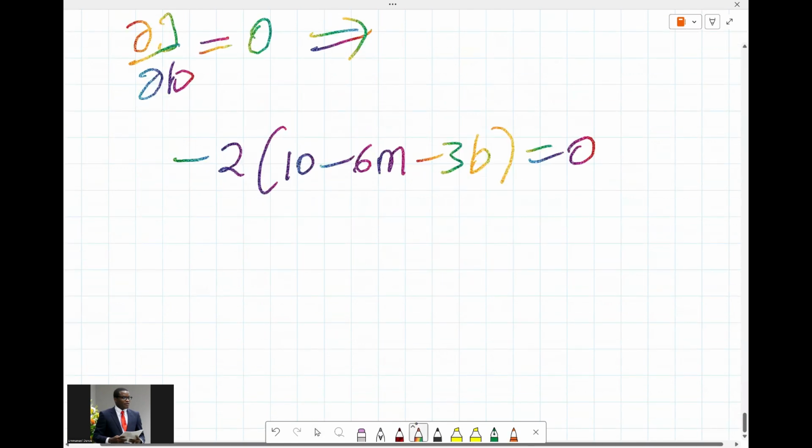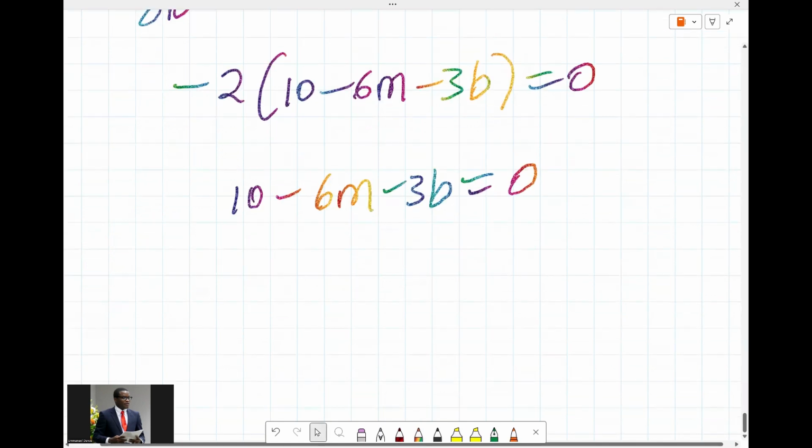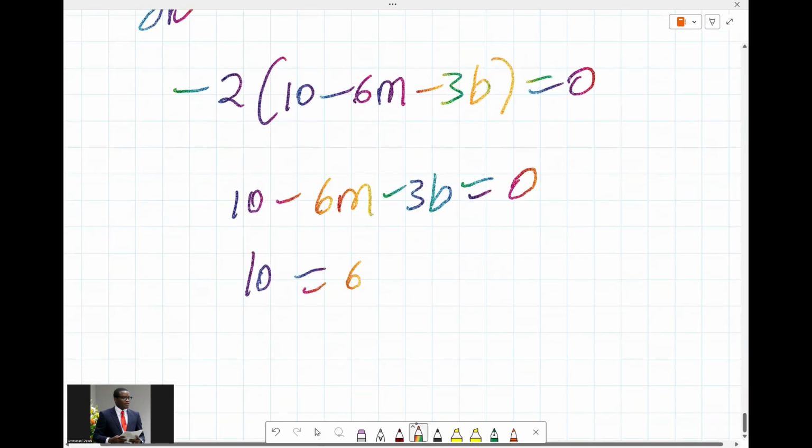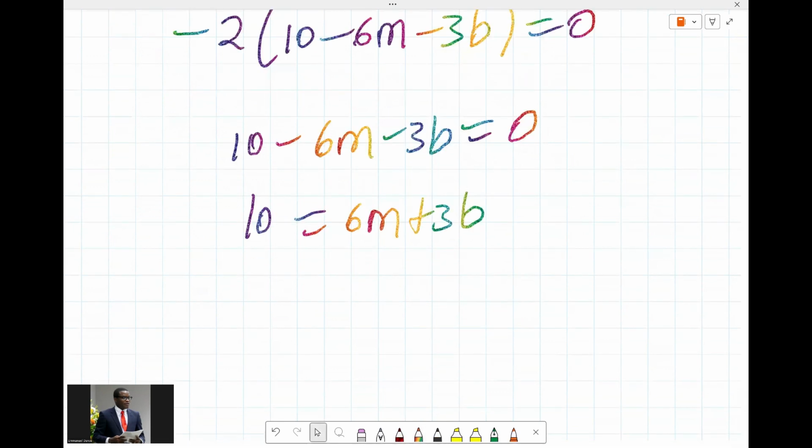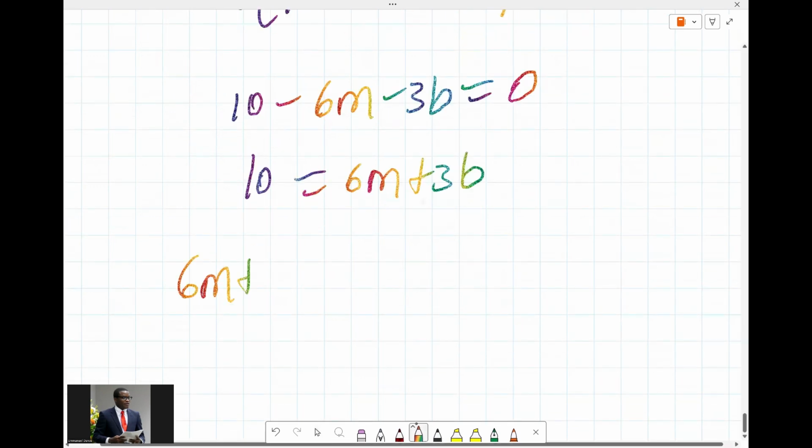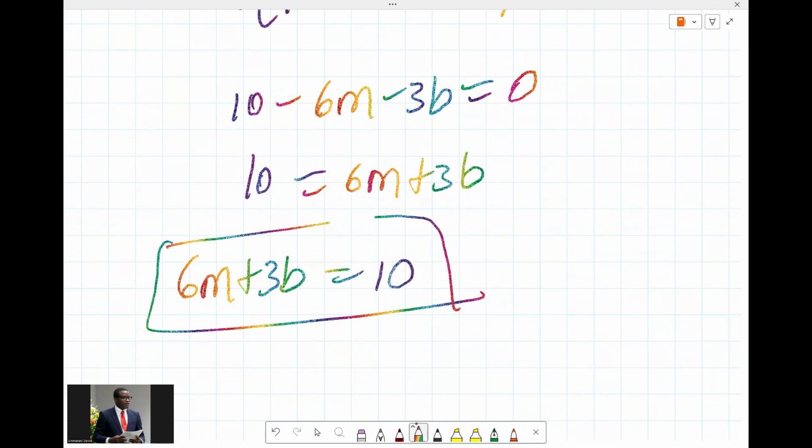So we have 10 minus 6m minus 3b equals 0. That means 10 equals 6m plus 3b. So 6m plus 3b equals 10, and you can call that equation star star.